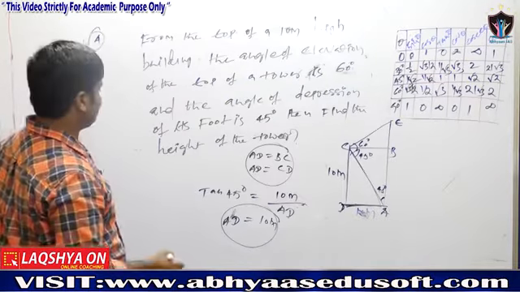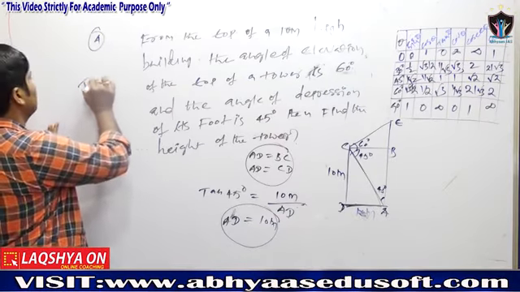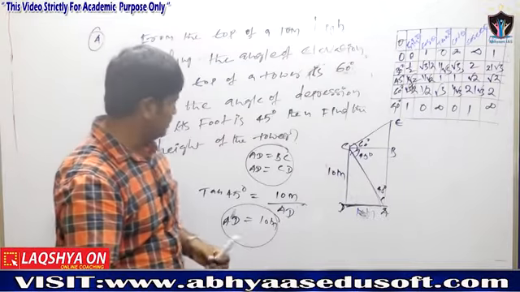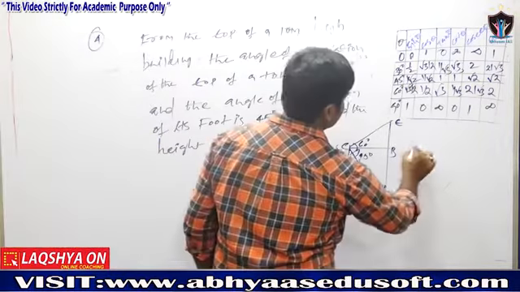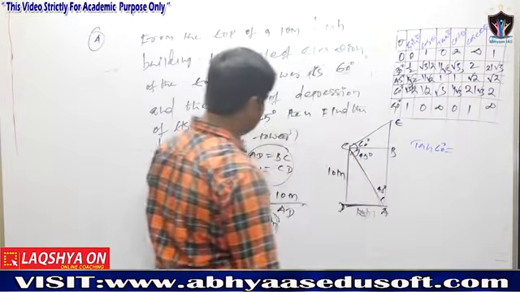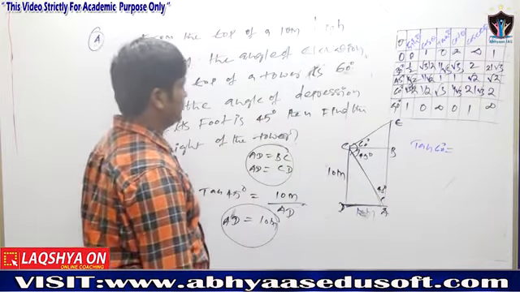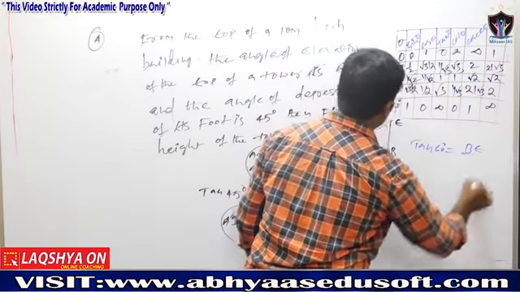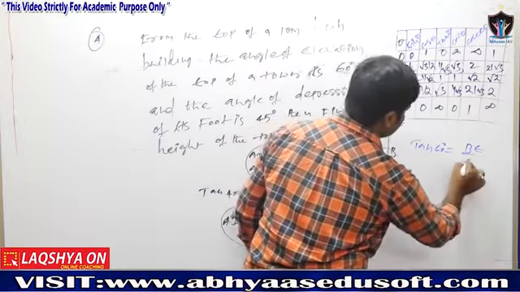Now tan 60 degrees is equal to BE by CB.